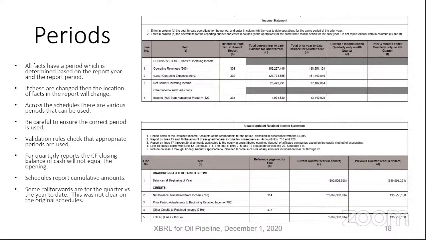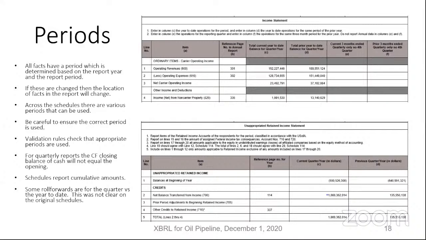So whenever you put that report year and report period in, the way the values are rendered on a form is going to be based on that. If you change the report year and report period, then render the form, the form re-renders. If you move them forward 1 year, all the values that were in the current year will then move to the prior, and everything that's in the prior won't appear anymore.